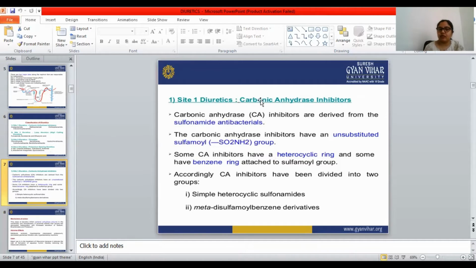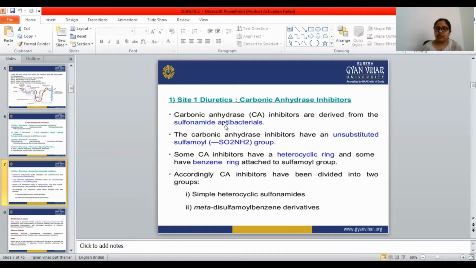And the carbonic anhydrase inhibitors have a heterocyclic ring, and some have a benzene ring attached to the sulfonyl group.